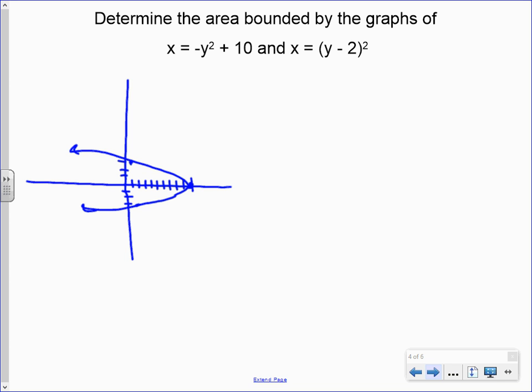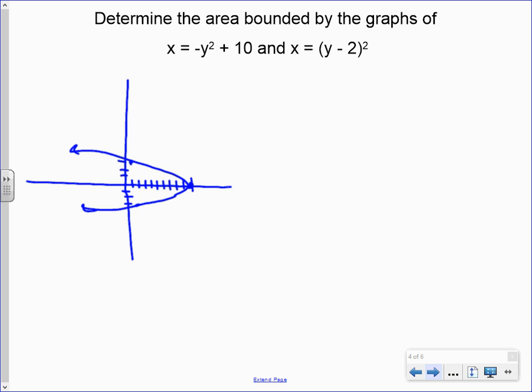Okay? x equals y minus 2 the quantity squared. I'm really going to read for a little bit. Think about if the x's and y's were changed, which way would it go? Okay, if it was y equals x minus 2 squared, that would be a right shift.